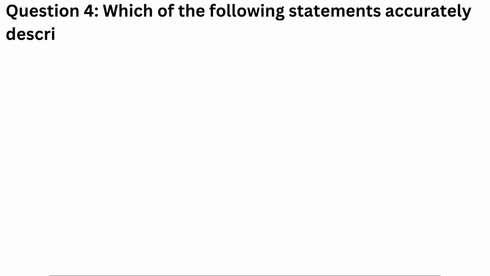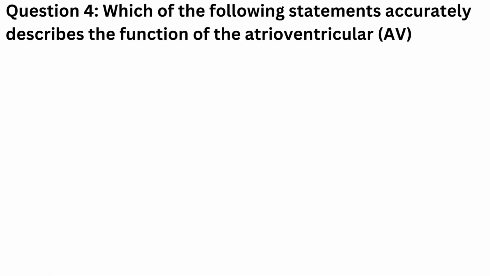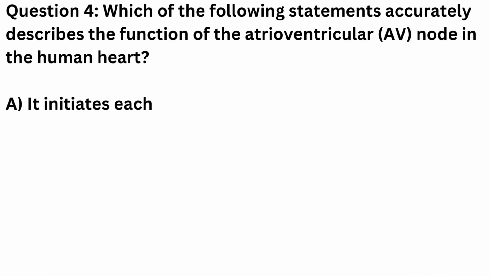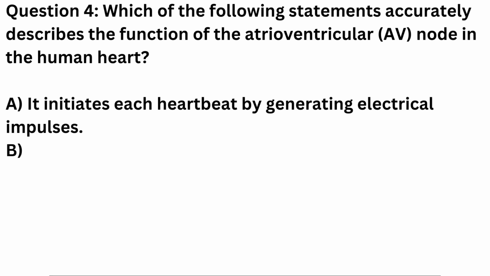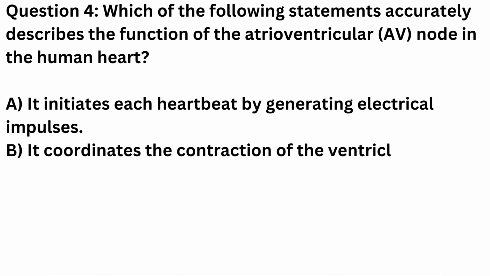Question 4. Which of the following statements accurately describes the function of the atrioventricular, AV, node in the human heart? A. It initiates each heartbeat by generating electrical impulses. B. It coordinates the contraction of the ventricles, ensuring blood is pumped efficiently.